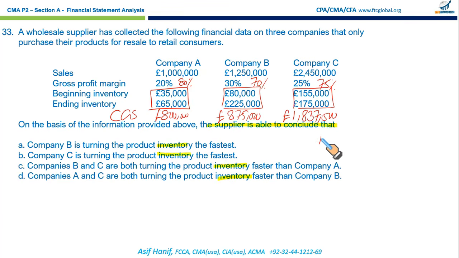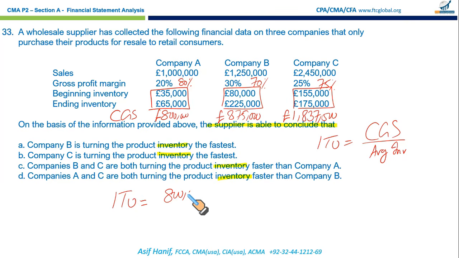The formula we use for inventory turnover is equal to CGS, which we have for each company, divided by the average inventory figures. So let's do it right in the last line. Inventory turnover is equal to 800,000 pounds for A. Average inventory will be 35 plus 65, 100 upon 2, that is 50,000.